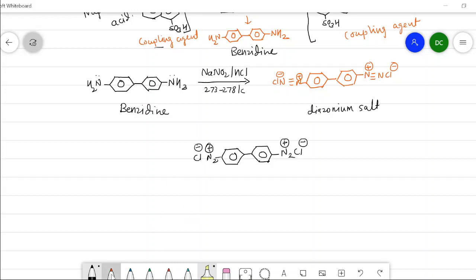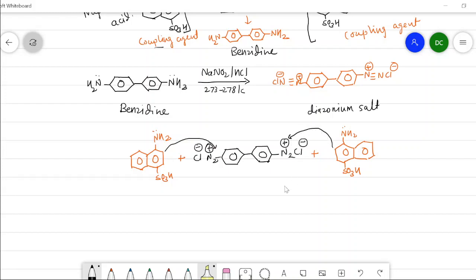Now on this side I will write the structure of naphthionic acid. As there is a presence of two molecules of naphthionic acid, on this side I will write the first molecule and on this side I will write the second molecule. Here NH2 and SO3H. Now this naphthionic acid attacks on this diazonium salt from this carbon, and here also an attack occurs from this carbon.